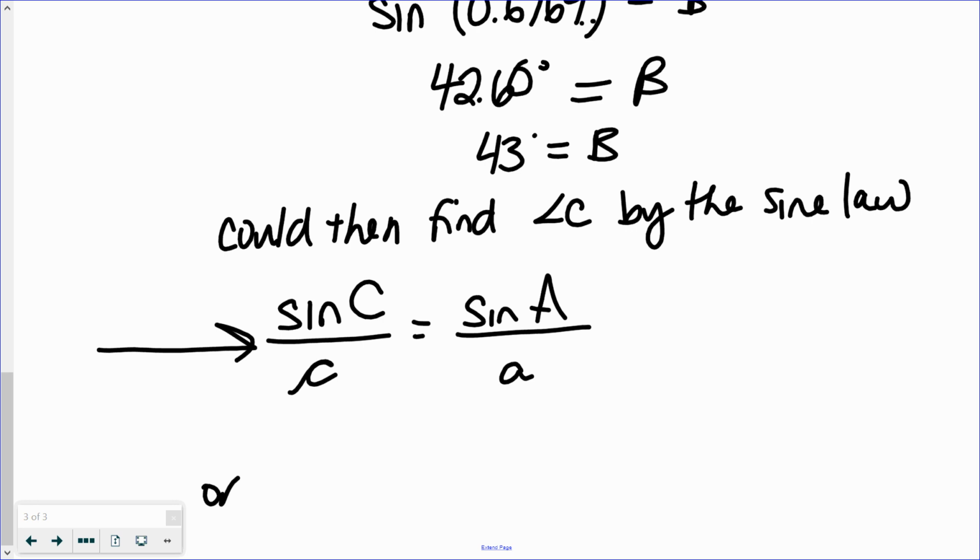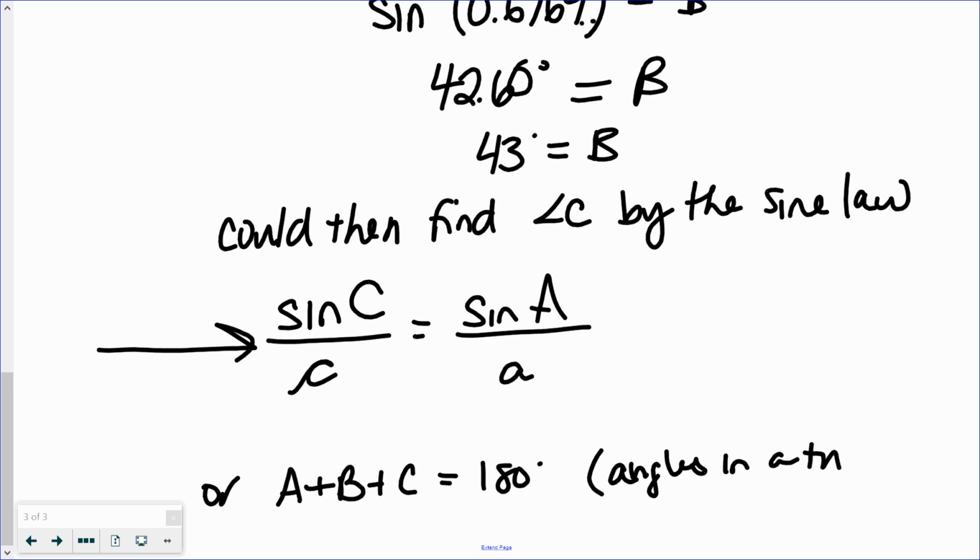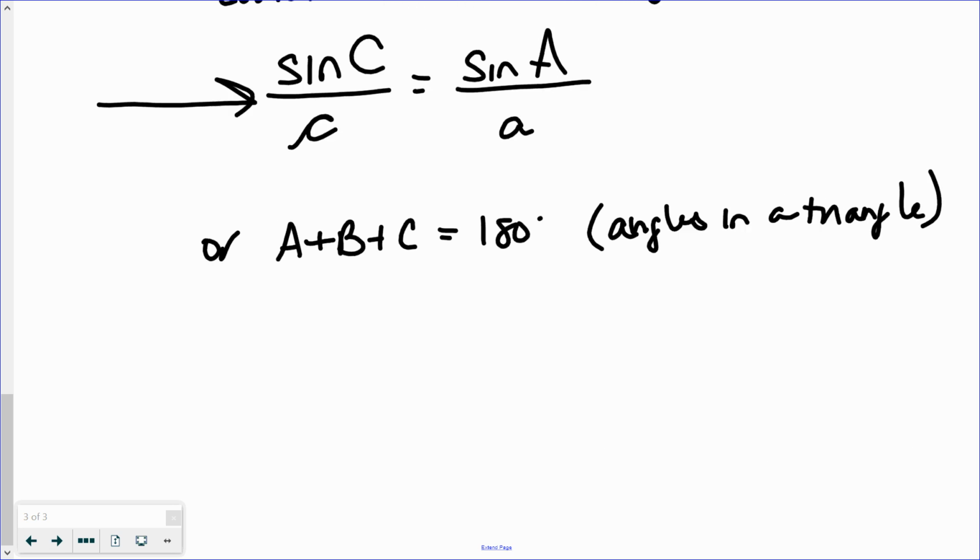So I know angle A plus angle B plus angle C needs to be equal to 180 degrees, because they are all interior angles of a triangle. So what I could do, I know angle A is 86 degrees.